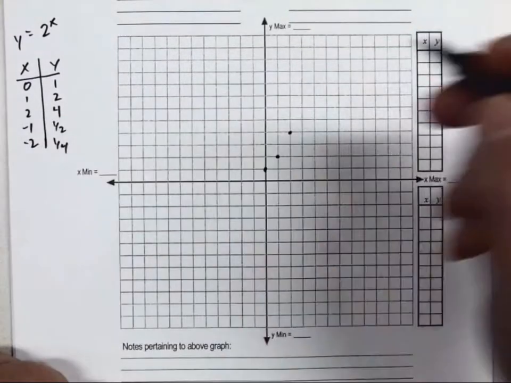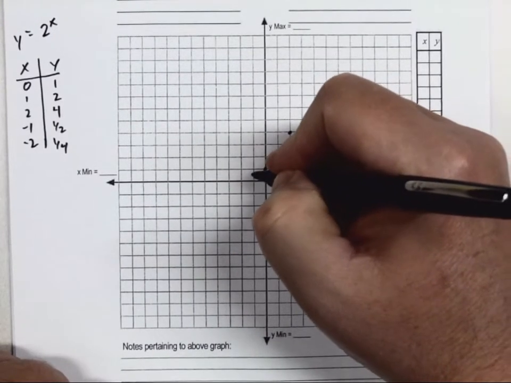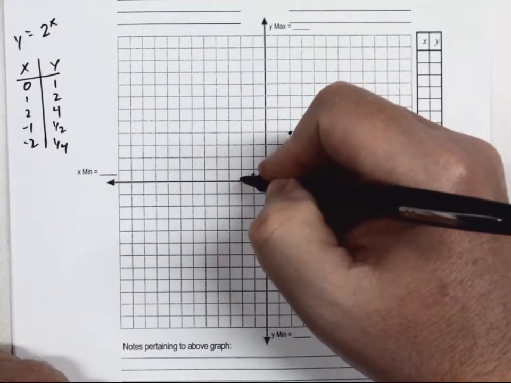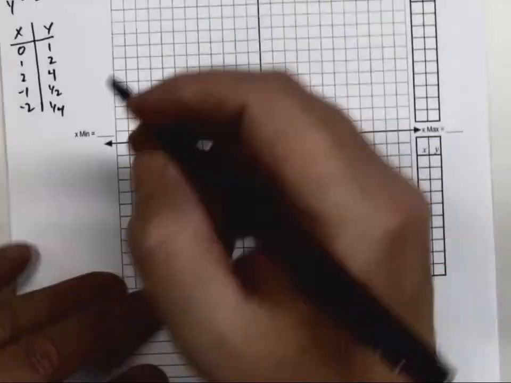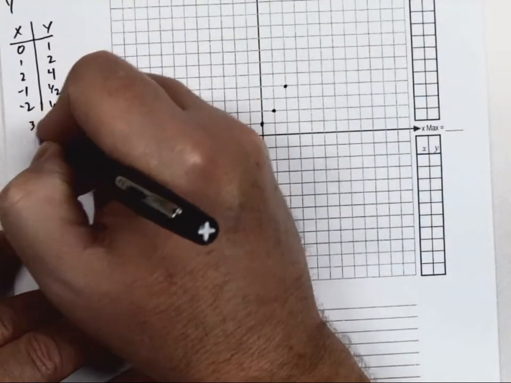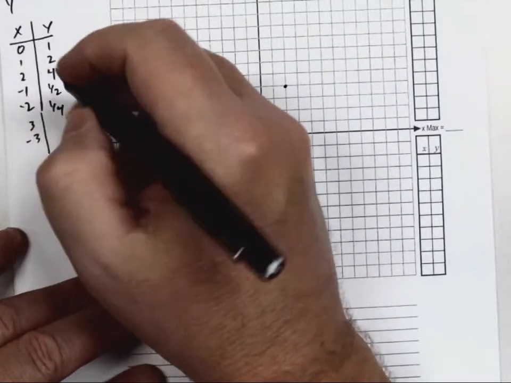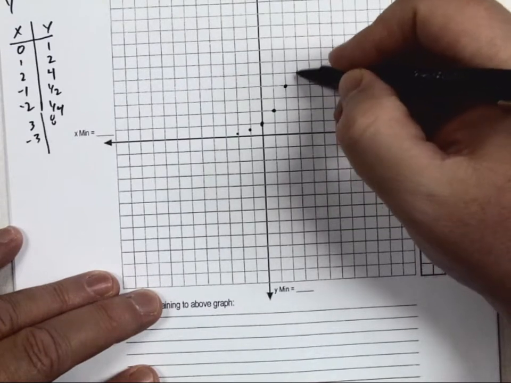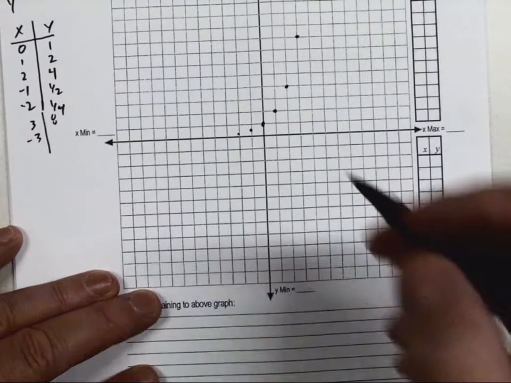Now when x is -1, y is 1/2. When x is -2, y is 1/4. Maybe we'll do 2 more points. How about when x is 3 and -3? When x is 3, that's 8. And when x is -3, that's 1/8.